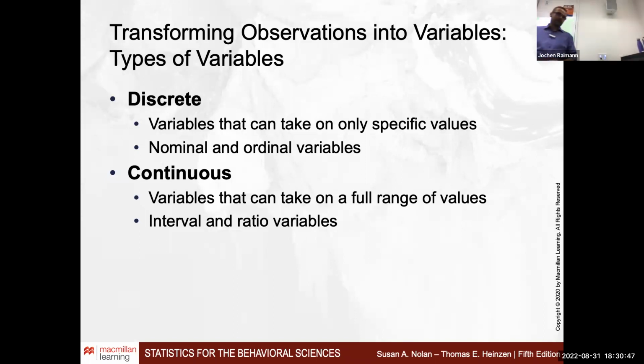This is in contrast to ordinal variables, where you have some order or ranking amongst your values. So this could be student performance. Basically, ordinal has some form of order or ranking within the possible values that variable can take on.